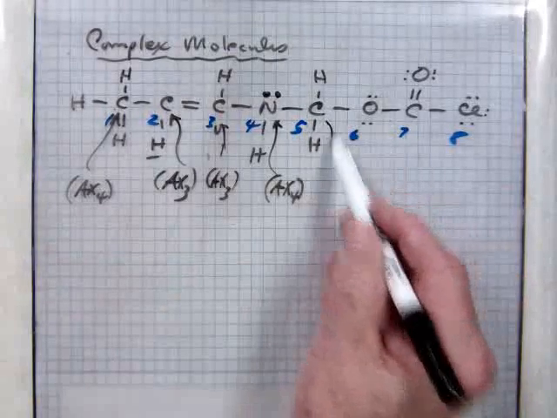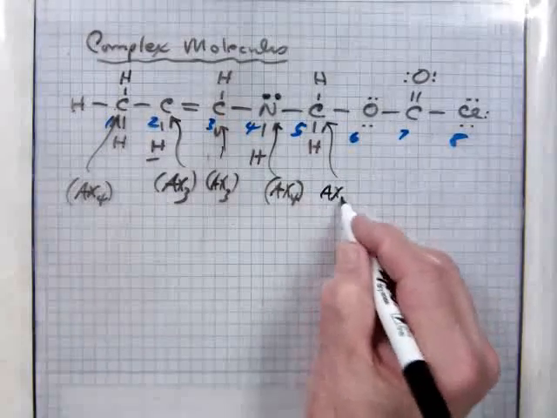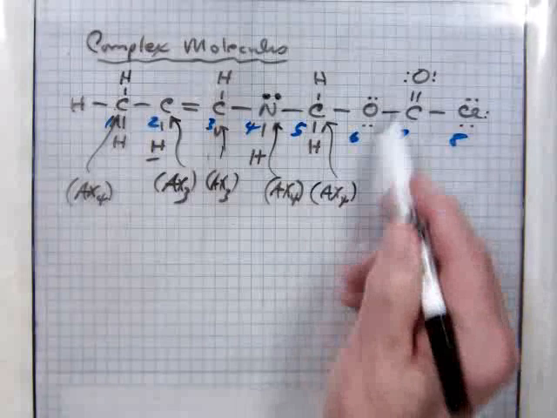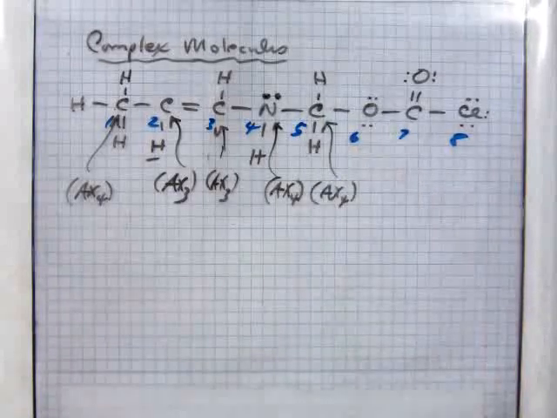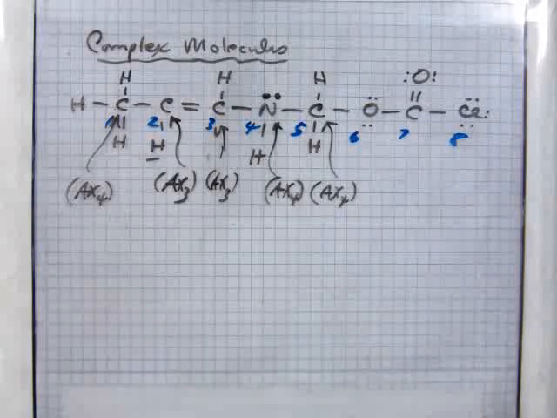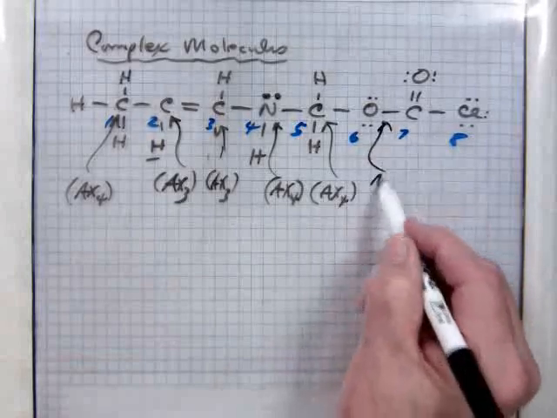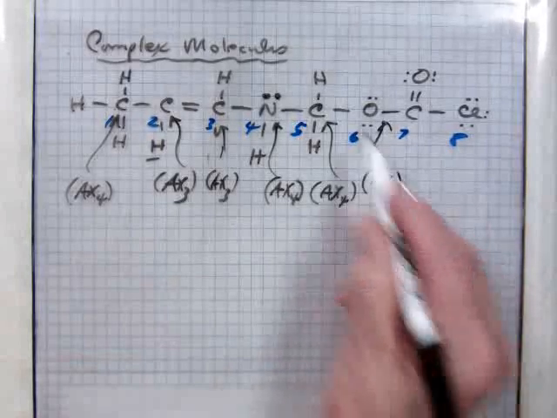Here is an AX4, 1, 2, 3, 4. Now, what would the geometry about oxygen be? You have 4 pairs of electrons. Again, you'd have to draw out a tetrahedral configuration. That's an AX4 configuration around oxygen.